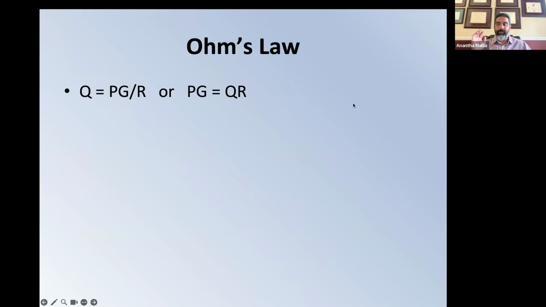So you have a compressible fluid moving through a system. This law describes how these three variables relate to each other. Flow is directly proportional to a pressure gradient across the system through which the fluid is moving, and inversely proportional to the resistance that that fluid is facing. Or if you solve for pressure gradient, the pressure gradient is directly proportional both to the flow and the resistance.